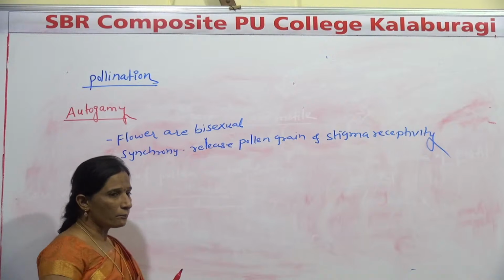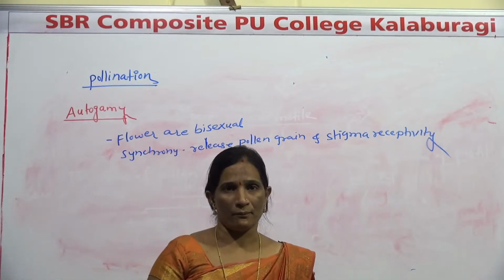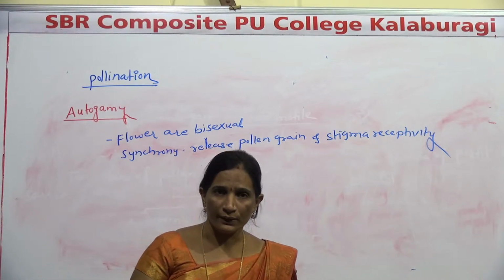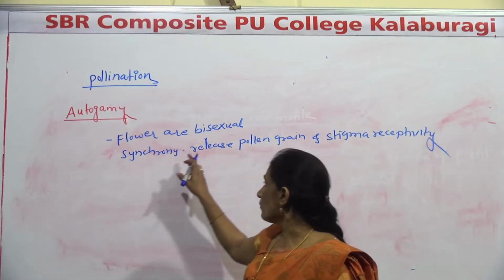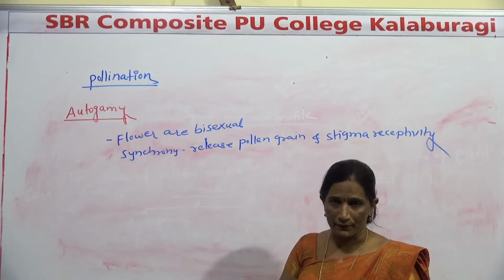It means that both of them are going to mature at the same time. Then only there is a chance of self-pollination.